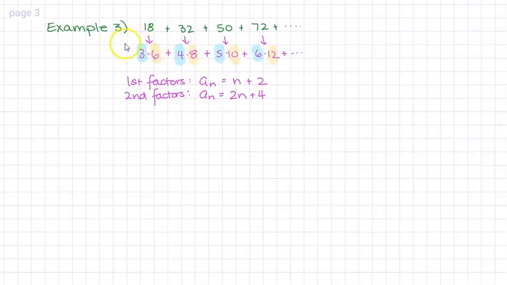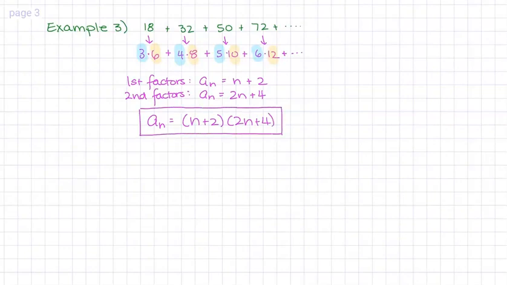And then what would come right before 6? It would be 4. So there's my things there. So for the overall thing, it's going to be n plus 2 times 2n plus 4. And there we go. There's the first part.